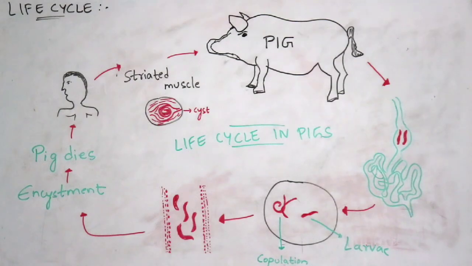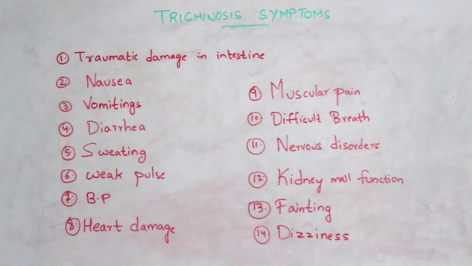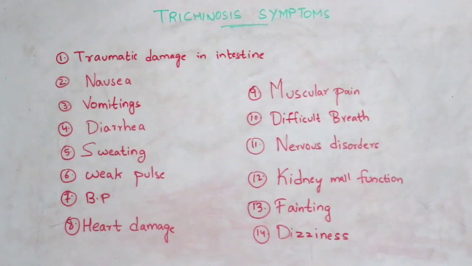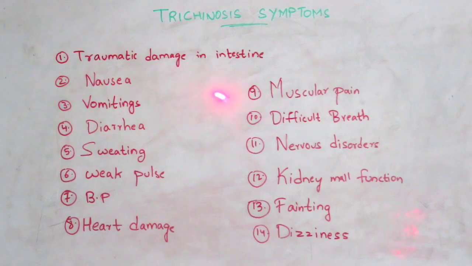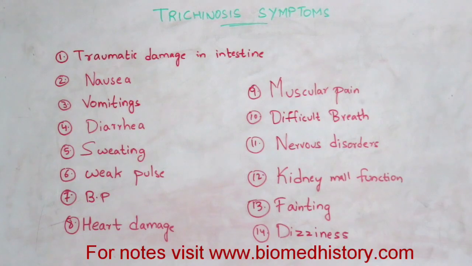Now let us discuss the symptoms for a person who is infected with this disease known as trichinosis. Normally the first symptom is traumatic damage in the intestine, where you will feel pain or disturbance within the intestine, and you can't eat properly.